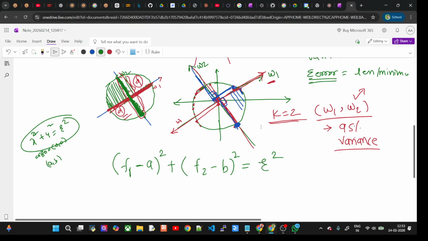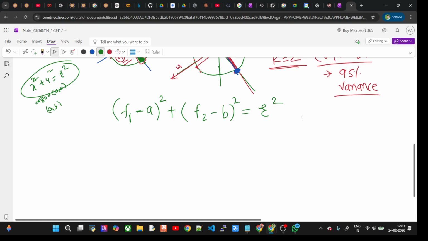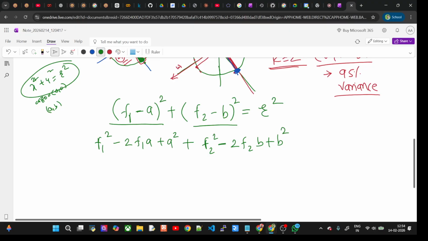Because these points which are here are following some non-linear relationship, and in our example they are following maybe a circular relationship. That's why we mentioned they have this relationship of f1 minus a whole square plus f2 minus b whole square. Just we need to solve this: f1 square minus 2 f1a plus a square, this equation I am solving, plus f2 square minus 2 f2b plus b square, and I'm bringing r square inside, equal to 0.